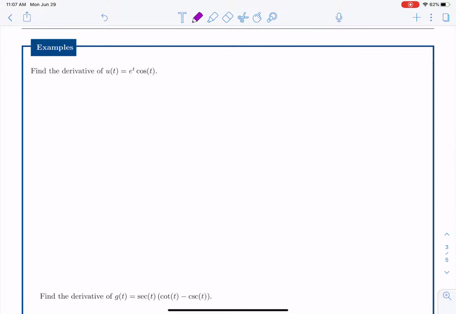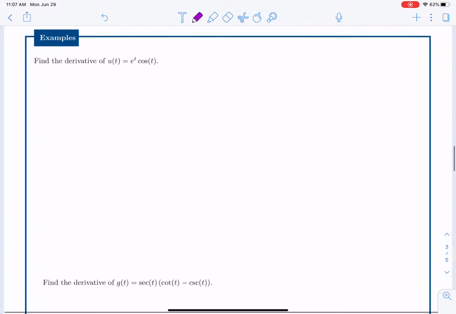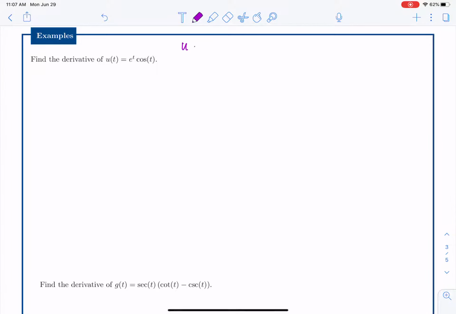Here we have the product of e raised to t multiplied by cosine t. So the dependent variable is u and the independent variable is t. I don't want to call u in my product rule because u is the dependent variable.